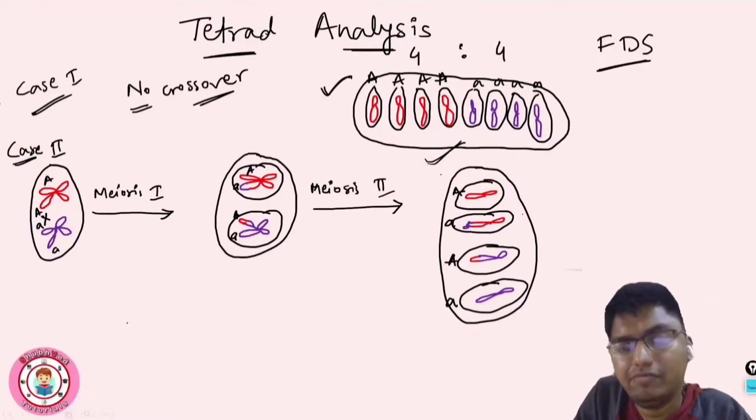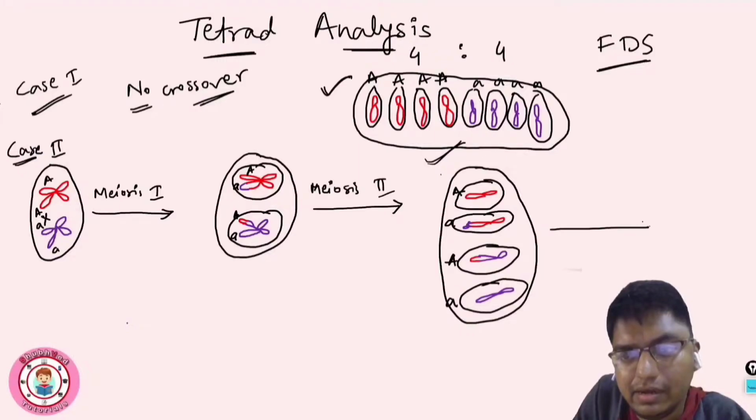Then after the duplication, again mitosis, that is the octad.